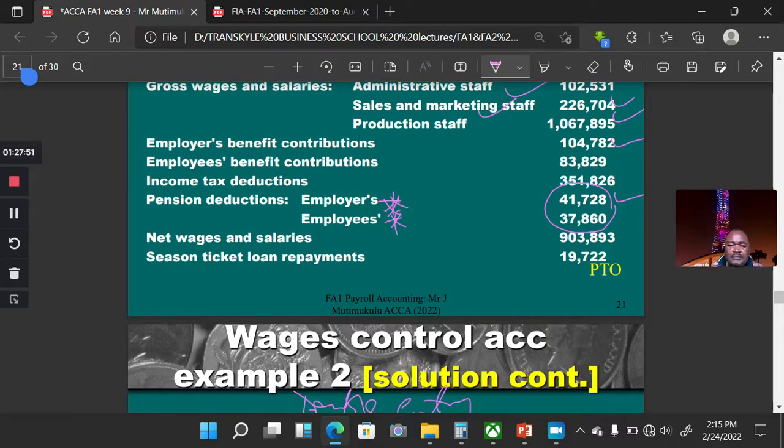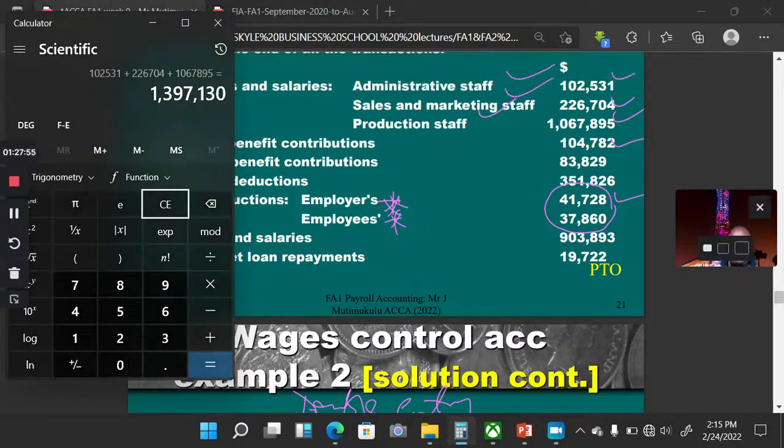That is 41,728 plus 37,860. That's 79,588.